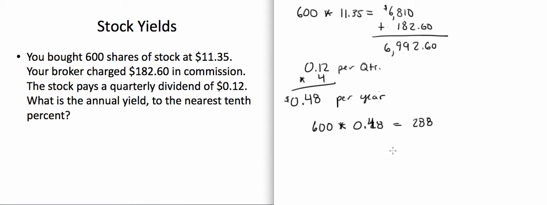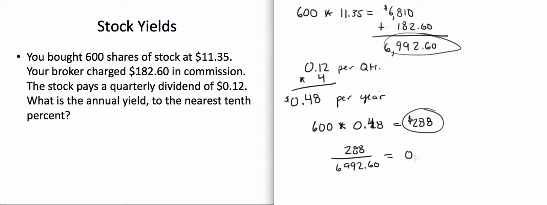And then to find our annual yield, we're going to take this 288 divided by $6,992.60, and that gives us an answer of 0.0411, and that we should know is 4.1%.